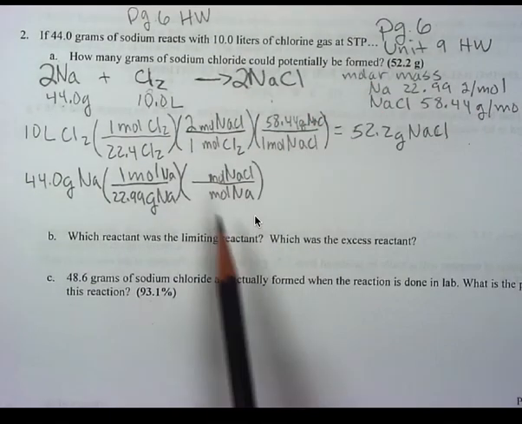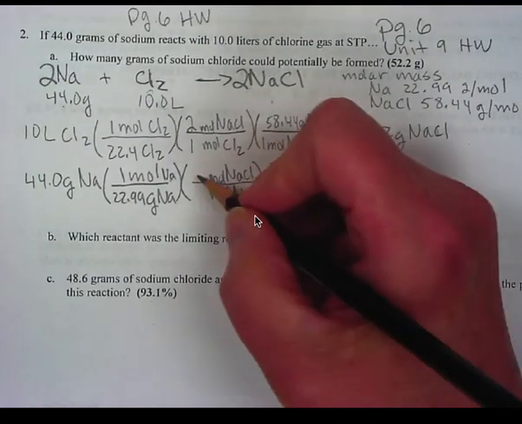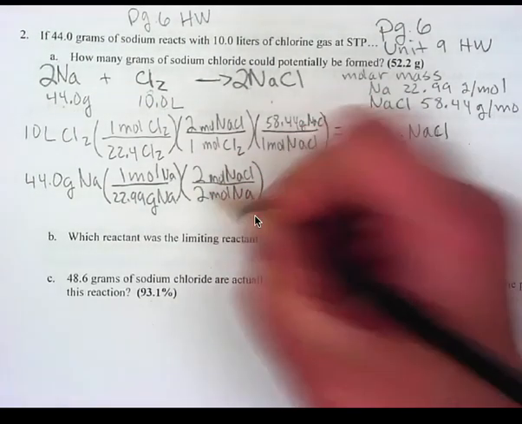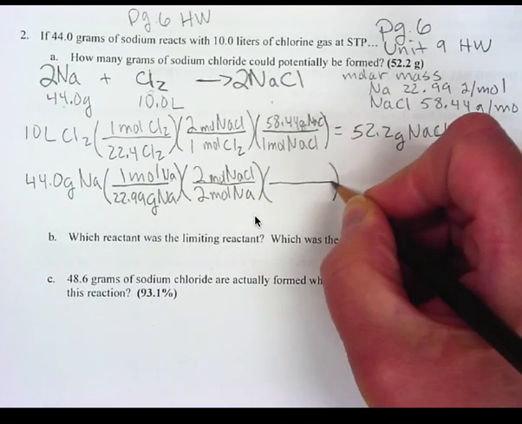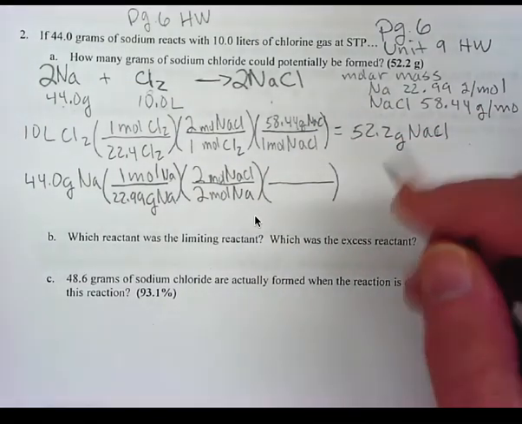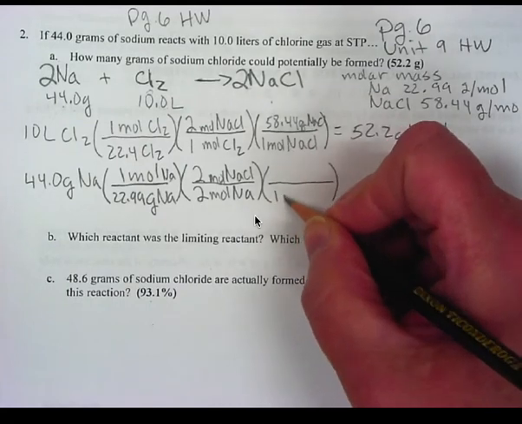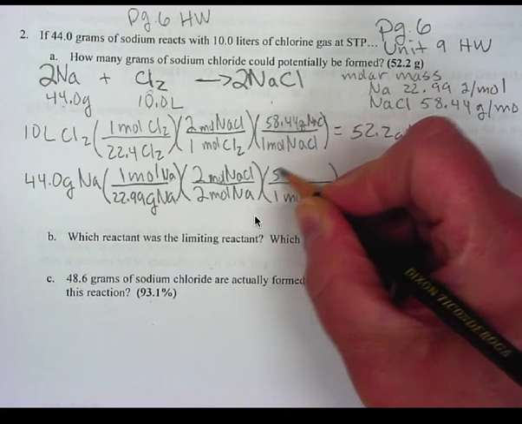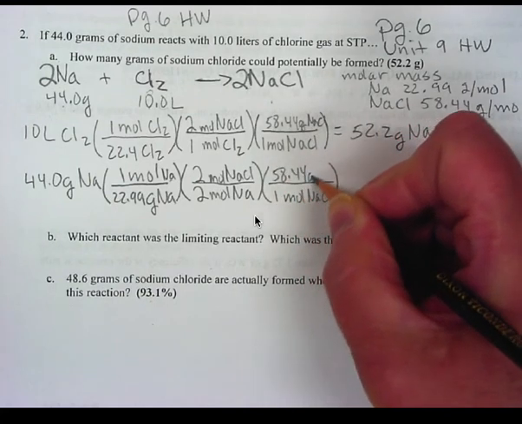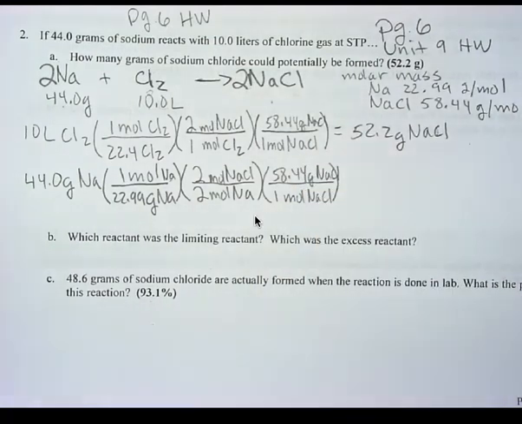The relationship in terms of moles, looking at the balanced equation, is a 2 to 2 ratio. Then in my last step, I'm converting moles of sodium chloride to grams of sodium chloride, just as in the example above it.